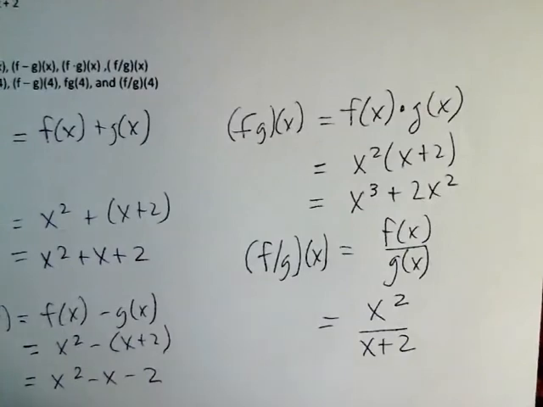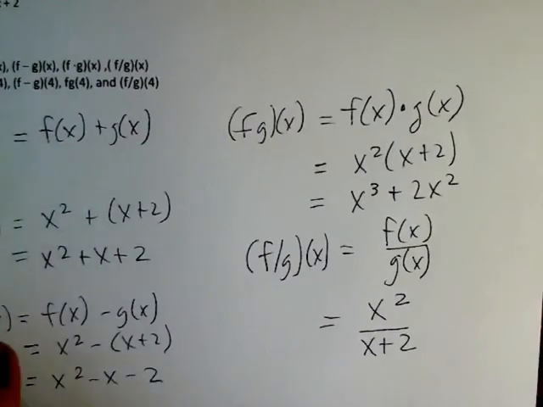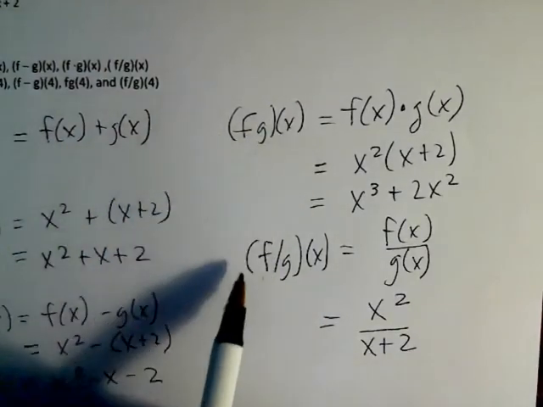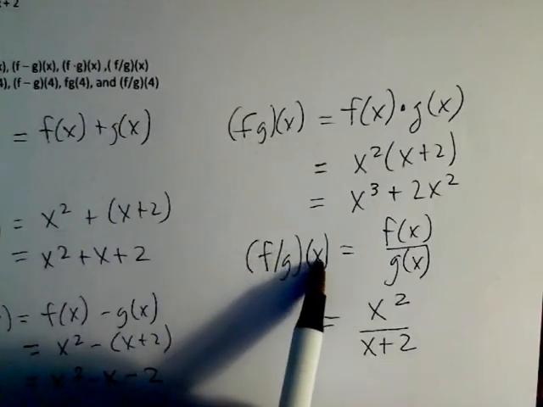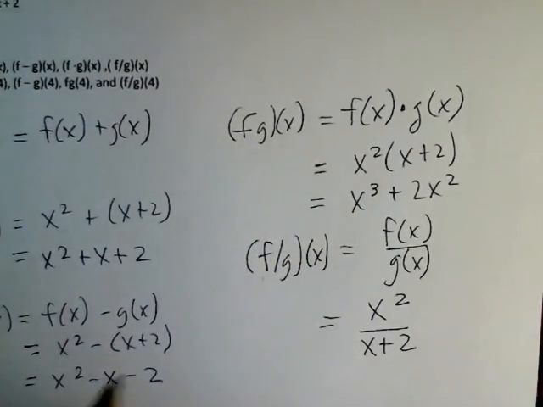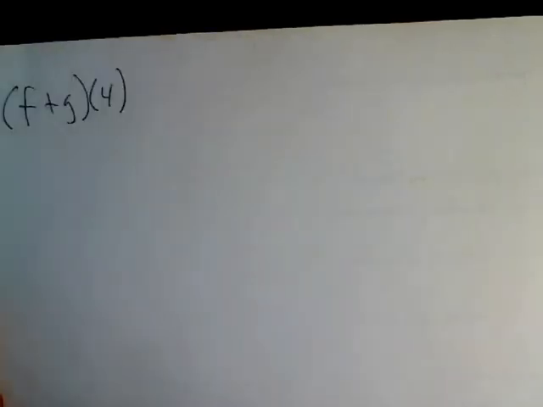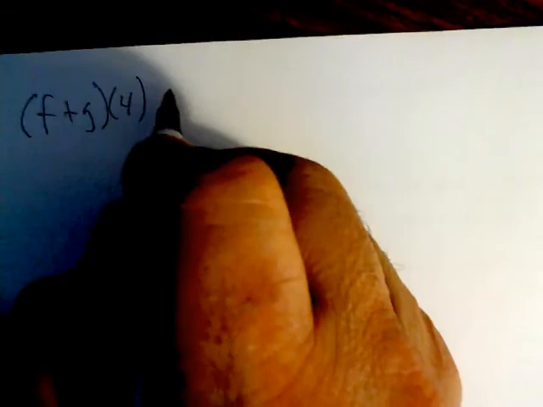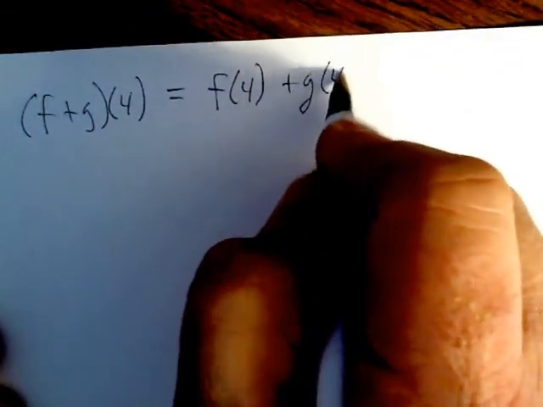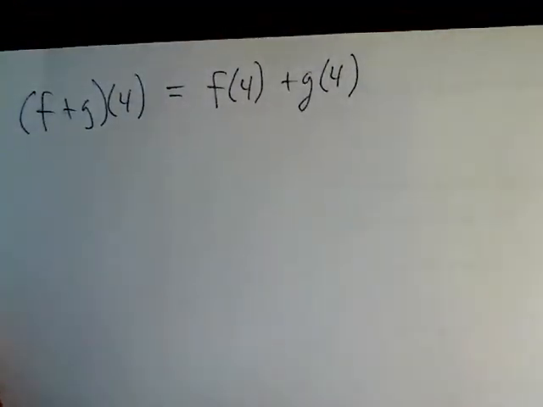So that's what we do when we are adding, subtracting, multiplying, dividing functions, just when we're asked in this certain notation here, and when x does not take on a value. Now, let's say we were given a value. Let's say we wanted to take f plus g of 4. Well, just by the rule that we have up there above, that's going to be f of 4 plus g of 4.